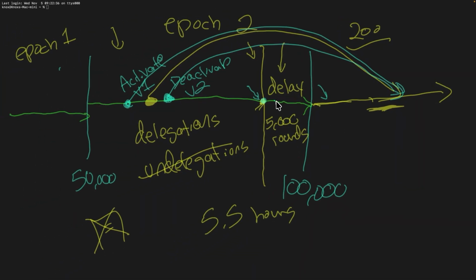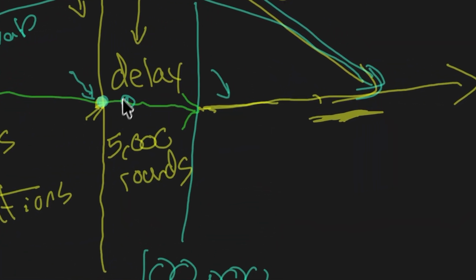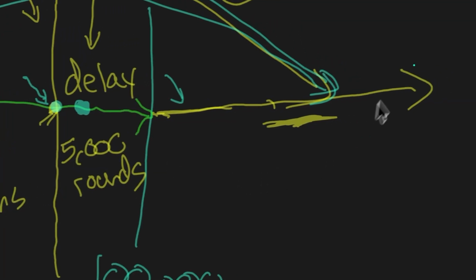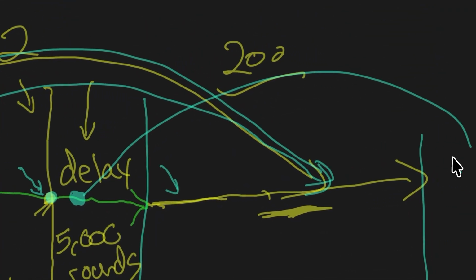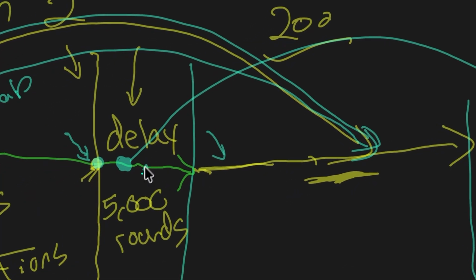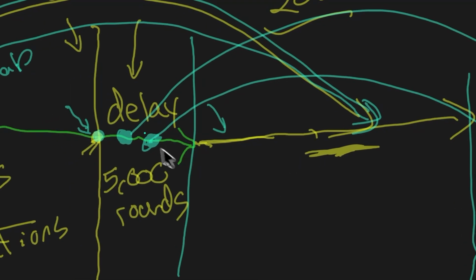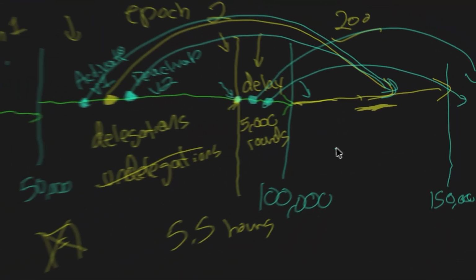But the question is, what happens if you activate during the delay period? It will not be activated until way over here in epoch 4. So any stake changes that happen during the delay period skip the next epoch and go into the epoch after that.